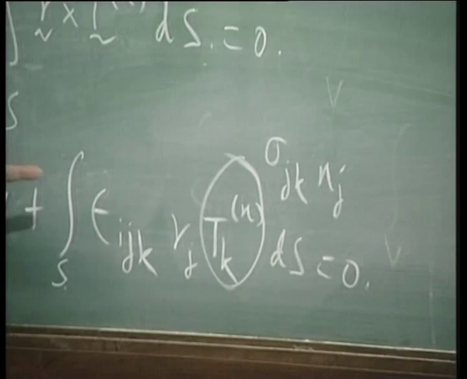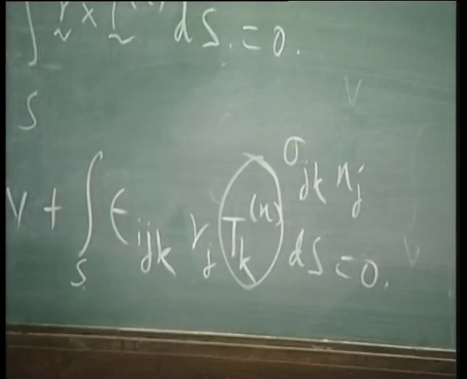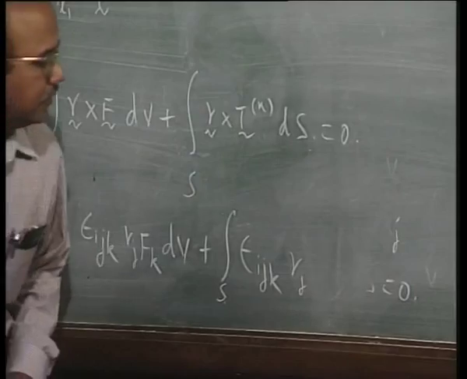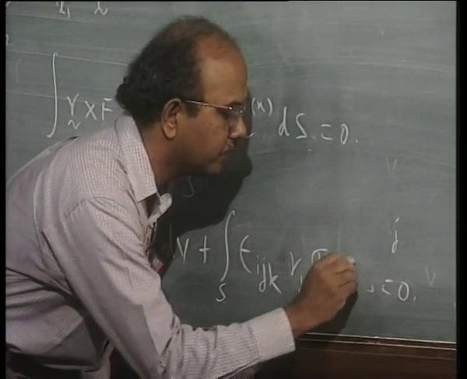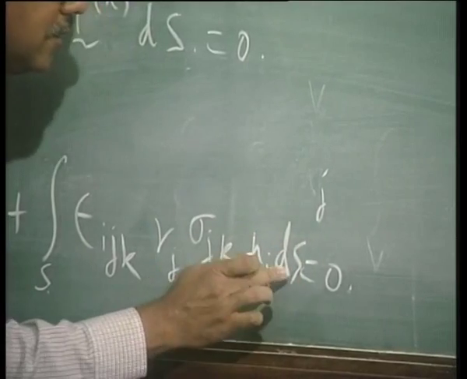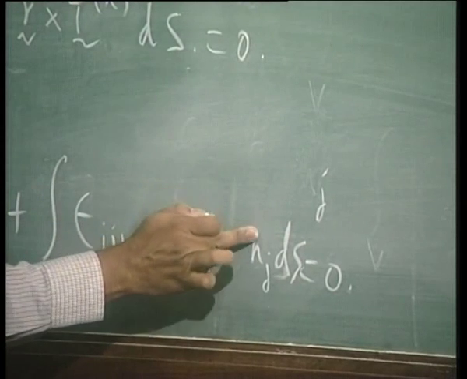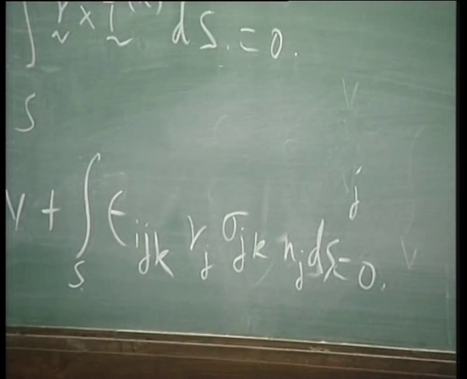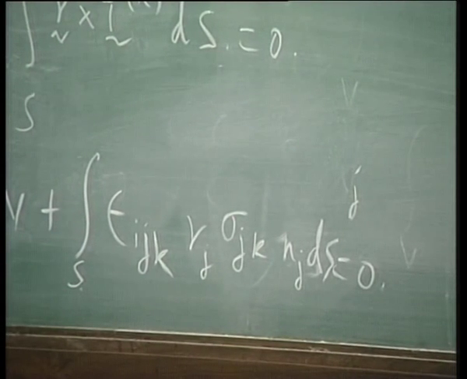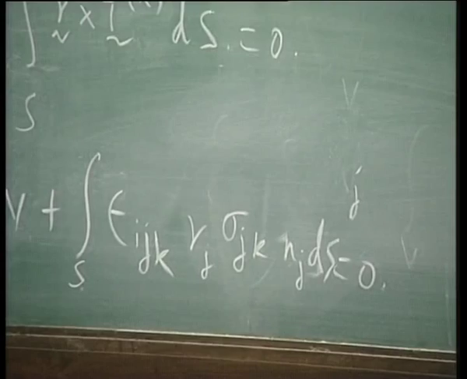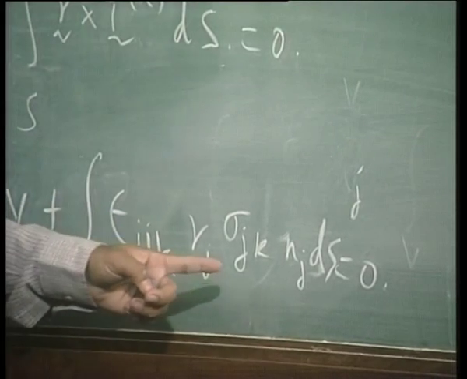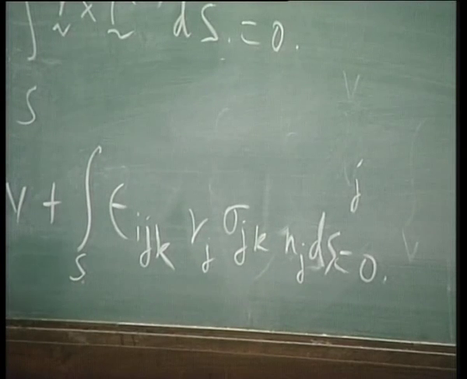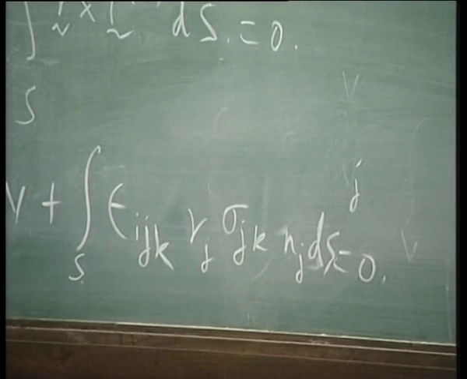Now you replace it with that. Let's see what happens. Sigma jk nj ds. Look at that equation. Does it appear nice to you? What is the problem? Fantastic. So j is repeated. I'm not very happy with that, or it's not the right way to do things.